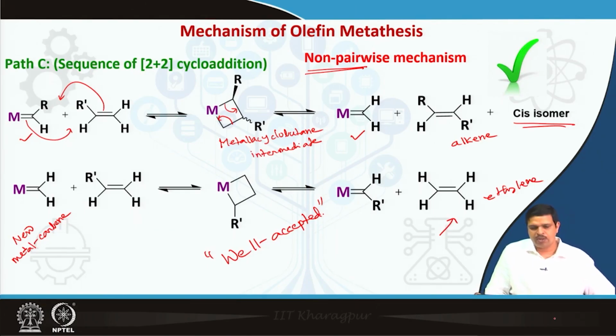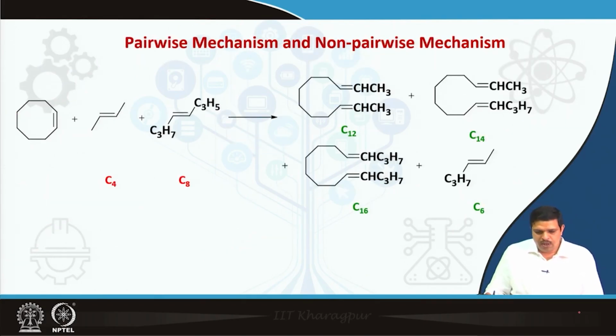But what is the proof? This can be proved by very easy experimental methods, by designing suitable experiments. This is one of them, a very famous experiment to prove that the reaction proceeds through a metallocyclobutane, that is the non-pairwise mechanism.